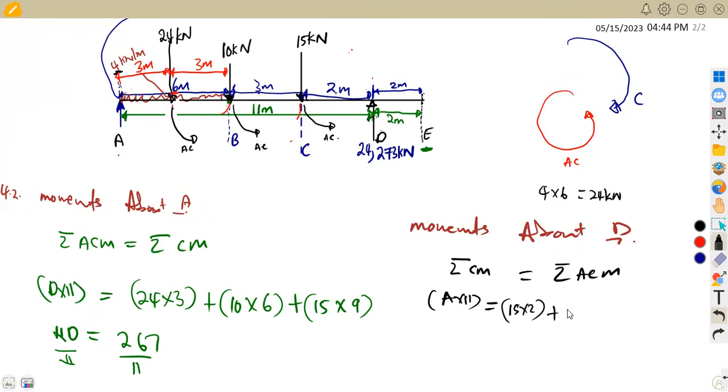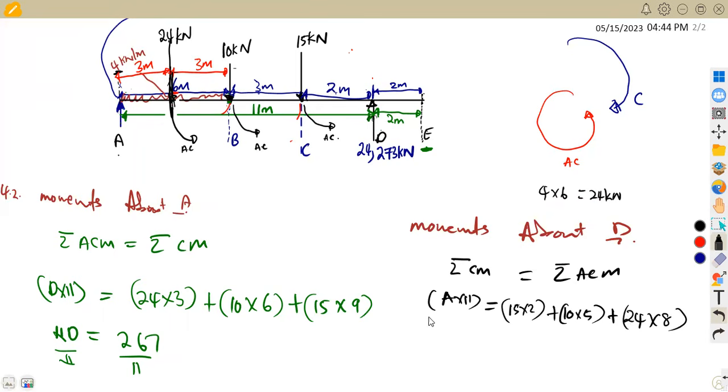So it's 10 times 5. Plus, we still have another anti-clockwise of 24. It's now a point load because we've treated this now as a point load of 24. So it's 24 times the distance back to D, which is 2 plus 3, that's 5, plus 3 from this point, that is where we are calculating. So it's 5 plus 3, which is 8. So this is going to be 24 times 8.